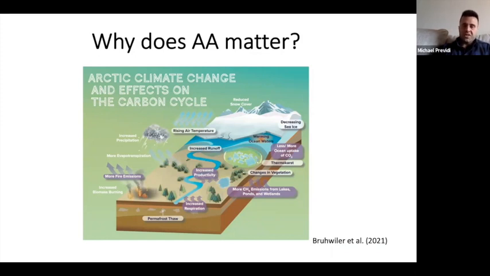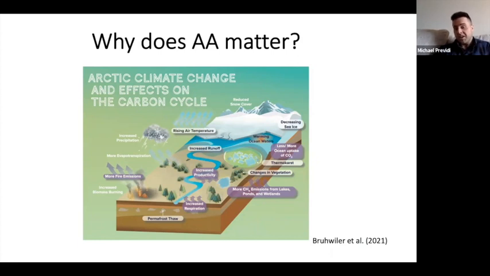And so this schematic here is from a recent paper that discusses effects of Arctic warming on the carbon cycle over the Arctic. And what's shown here are a number of processes that we think are important in describing this carbon cycle. I'm just going to highlight a few of the most important processes. So there's the expectation that with warming over the Arctic, there will be increased productivity of vegetation over the Arctic.